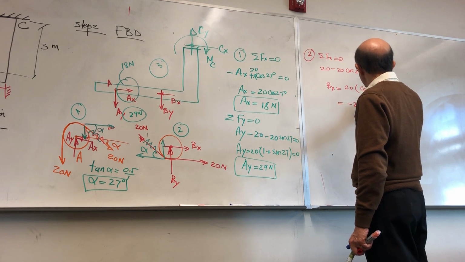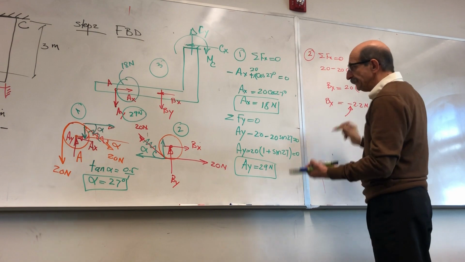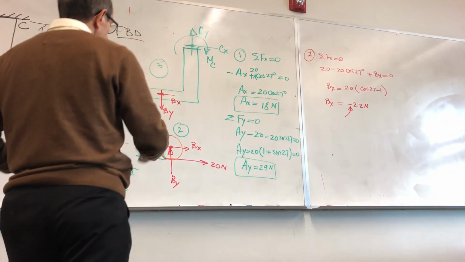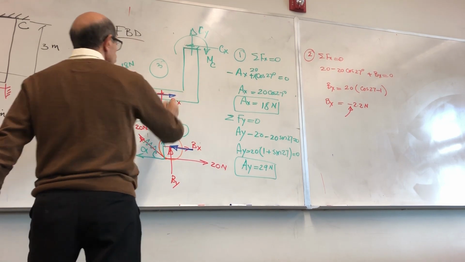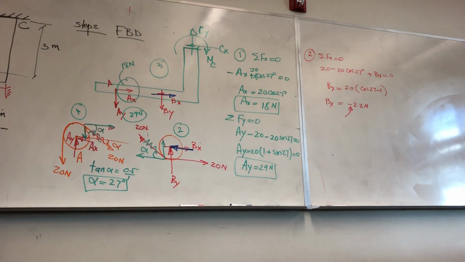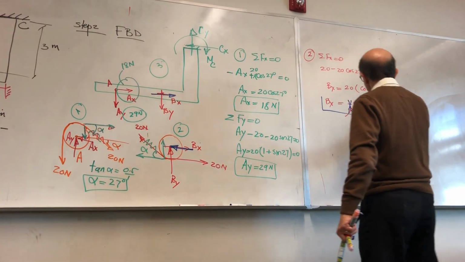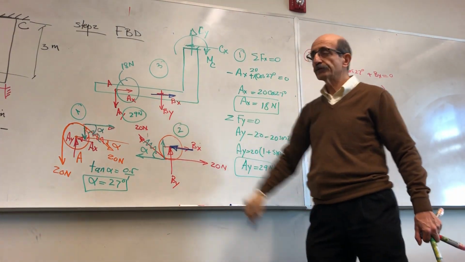Negative 2.2 Newton. So this negative sign means the assumed direction here is wrong. I have to change that, so get rid of that. This is the actual Bx acting on this.